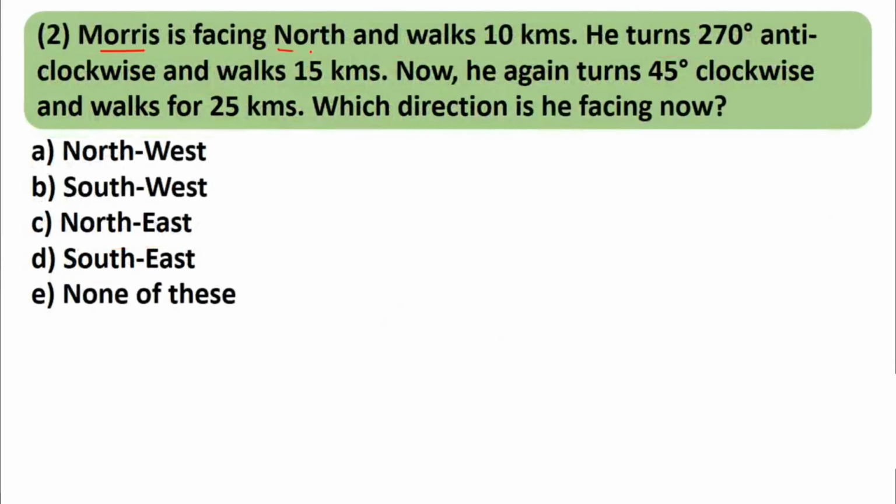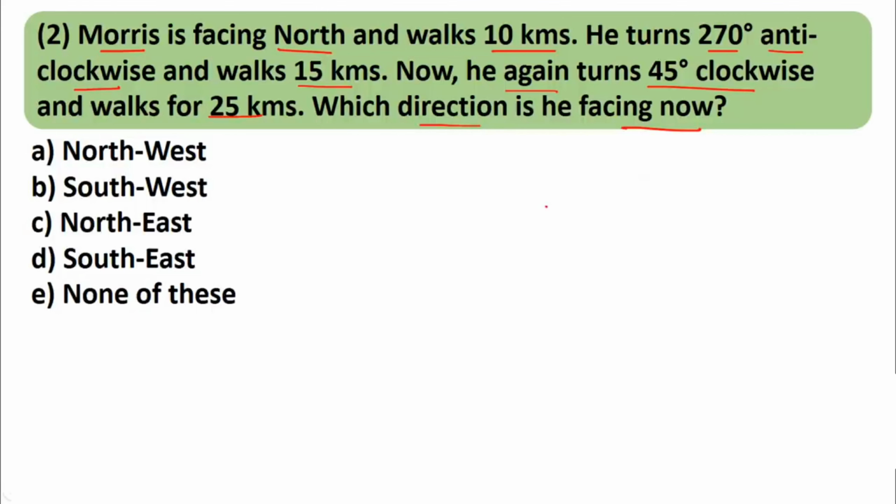Morris is facing north and walks 10 kilometers. He turns 270 degrees anti-clockwise and walks 15 kilometers. Now he again turns 45 degrees clockwise and walks for 25 kilometers. Which direction is he facing now? Now see, in the previous also we saw we have to find the direction, right?